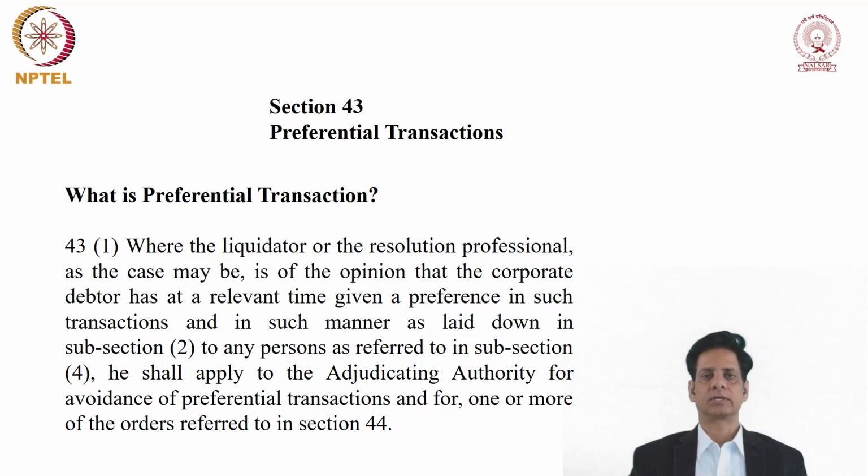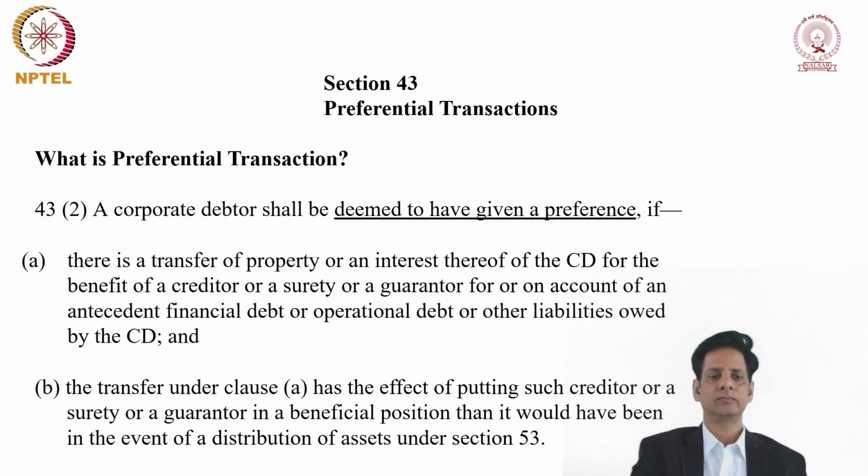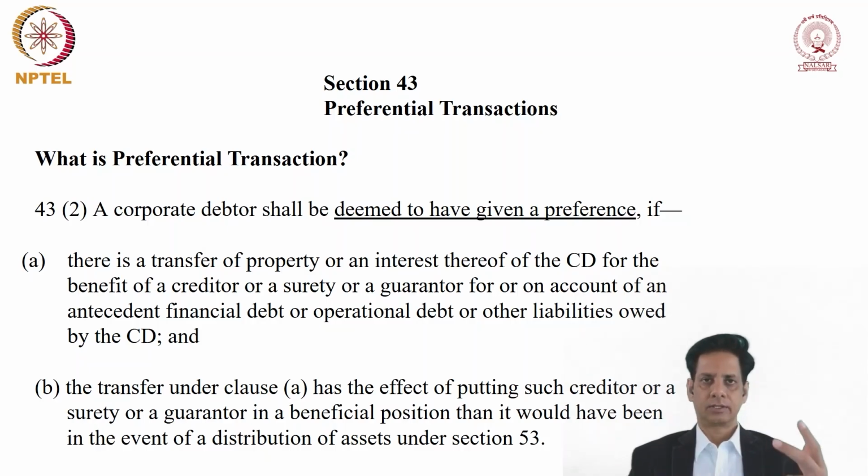So this is basically a preferential transaction. I am going to give you an example shortly as to how you understand the preferential transaction. Section 43(2) talks about how a transaction will be deemed to be a preferential transaction. A corporate debtor shall be deemed to have given a preference if there are two transactions.